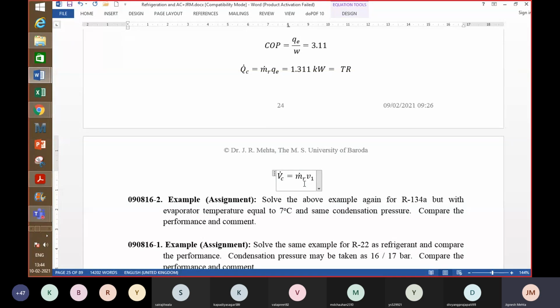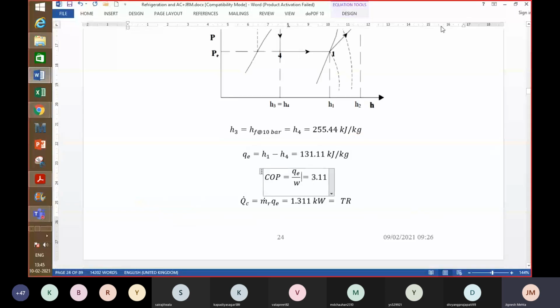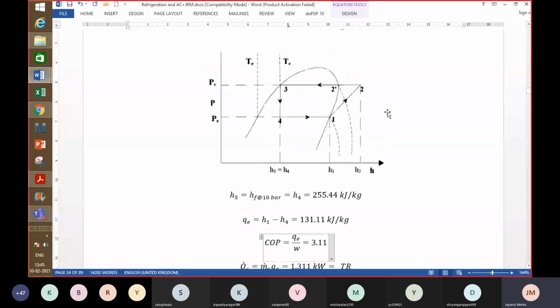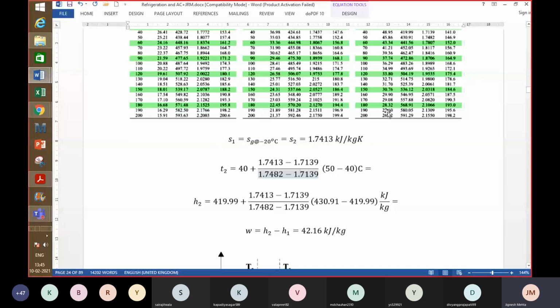So the volume flow rate you can get by just multiplying the mass flow rate of refrigerant with the specific volume at point 1, because 1 is the entry to the compressor, right? So how much is V1? You can get it from the saturation table.